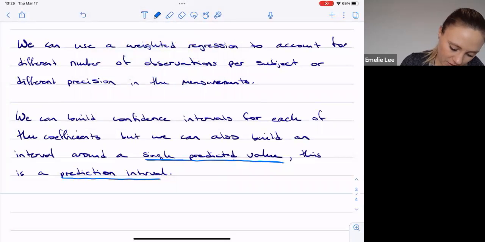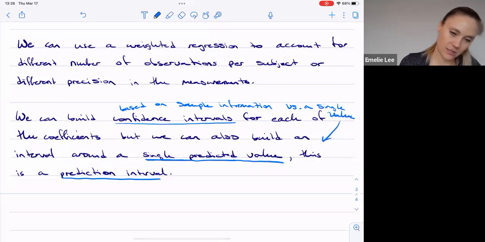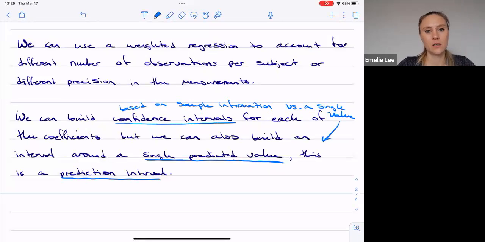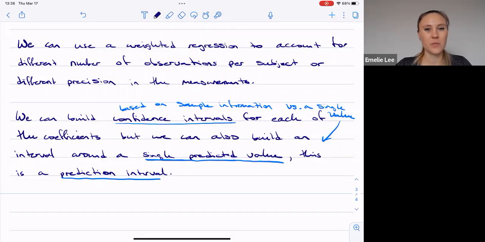So here, the confidence interval is based on sample information versus a single value right down here. Okay, so that's the difference between the two, and often the prediction interval is going to be a lot wider than the confidence interval, but we'll see that.